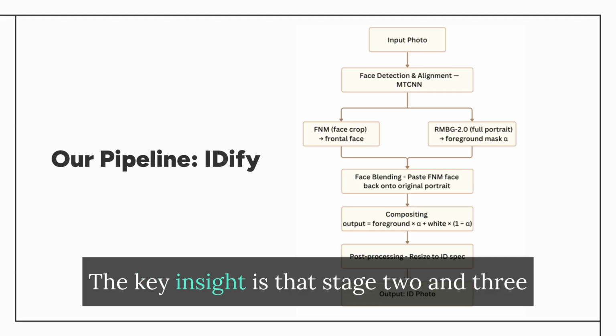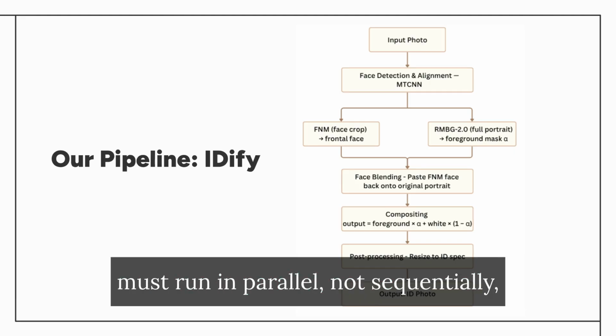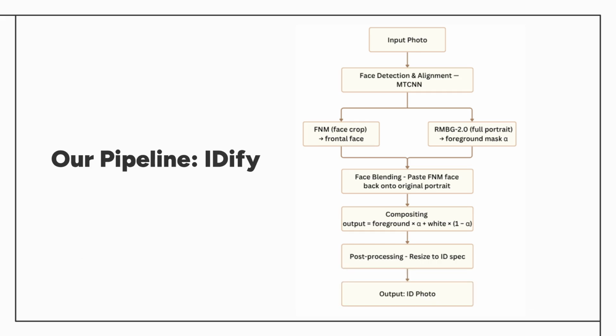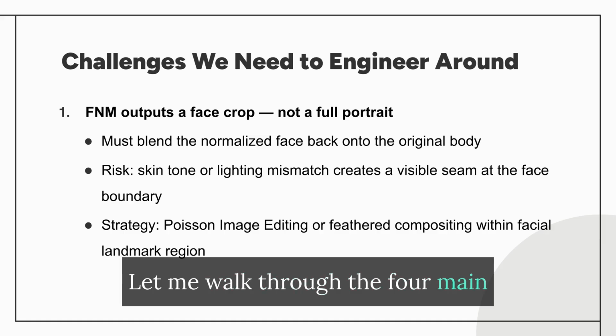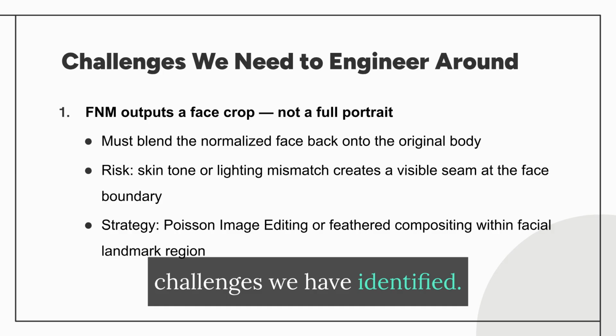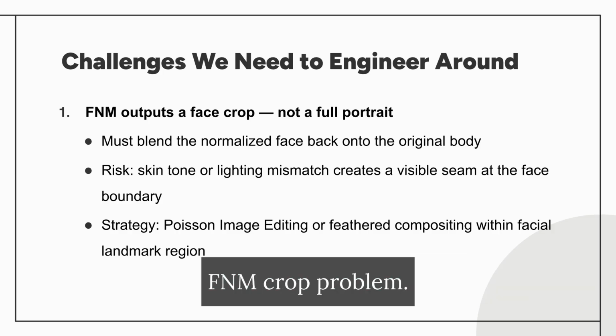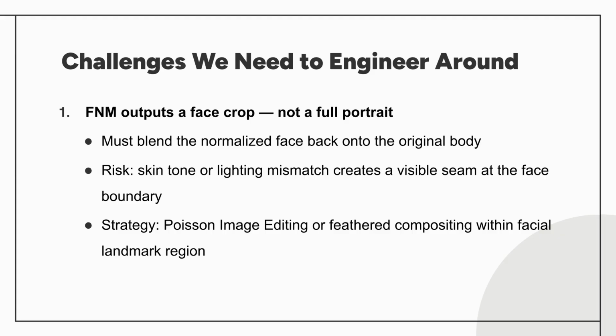The key insight is that stages 2 and 3 must run in parallel, not sequentially, because each needs a different view of the input. Let me walk through the 4 main challenges we've identified. The first and most fundamental is the FNM crop problem.